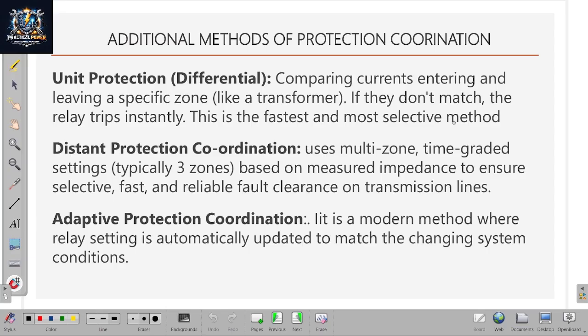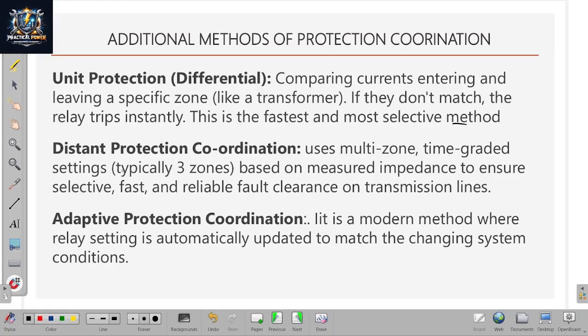If they don't match, the relay trips instantly. Suppose there is a relay which senses the input current and output current. If there is an abnormal variation between input and output current, this will be sensed and the differential protection will be activated. This is the fastest and most selective method of protection.